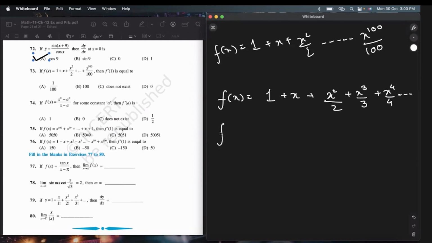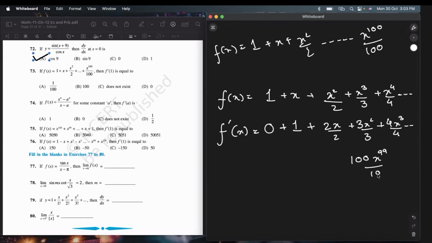So if I differentiate this, the constant will be 0, this will be 1 plus 2 times x by 2 plus 3 times x squared by 3 plus 4 times x cubed by 4, and the same thing will be happening till the last term. So what is my f dash x? If I write it, it is like this: 1 plus x plus x squared till x to the power 99.